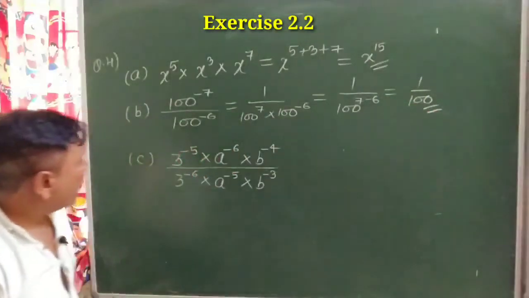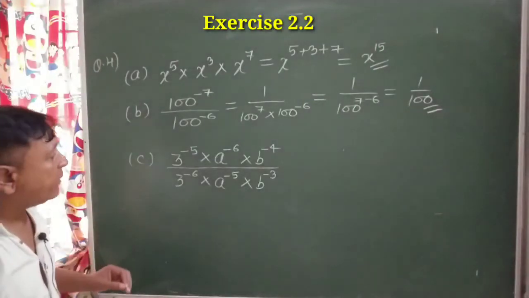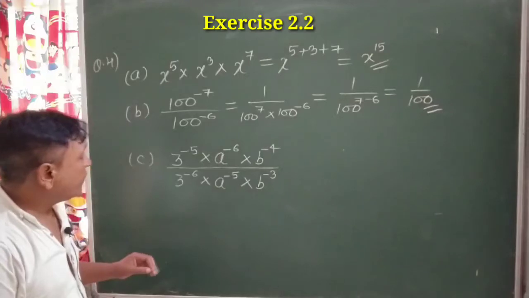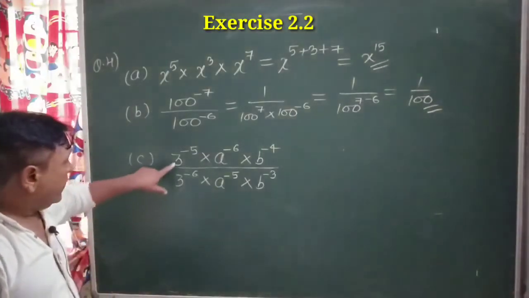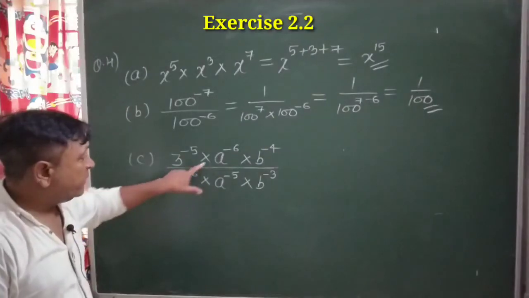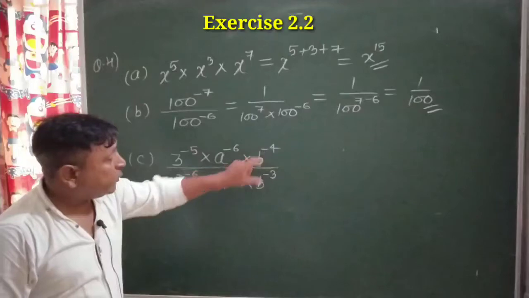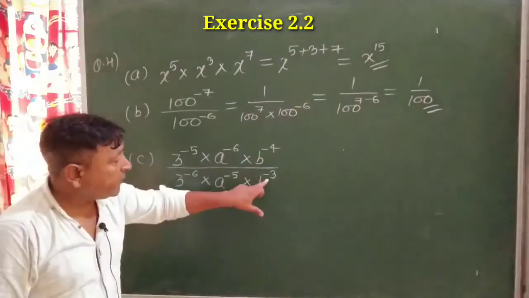Okay. Now come to part third. In part third, before doing the simplification, we can do one thing. 3 raised to the power 5 will be solved with 3 raised to the power minus 6, a with a raised to the power minus 6, and b raised to the power minus 4 will be solved with b raised to the power minus 3.